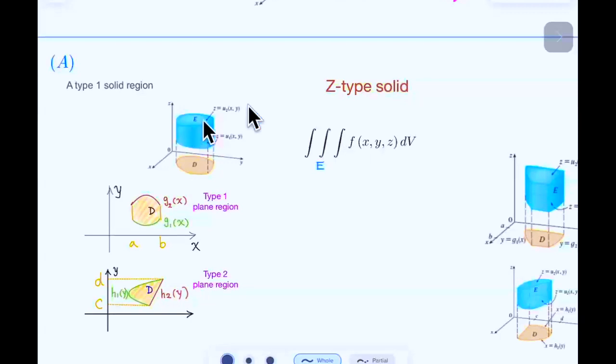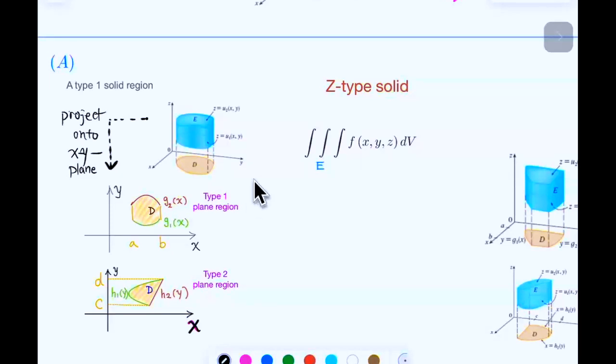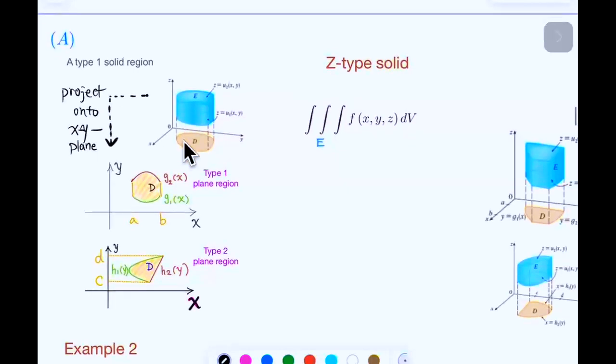Now we have two situations. Looking at this solid here, this is Z type, right? We're going to project this solid onto the XY plane, and you see the region over here is going to be this region right here, the D over here.